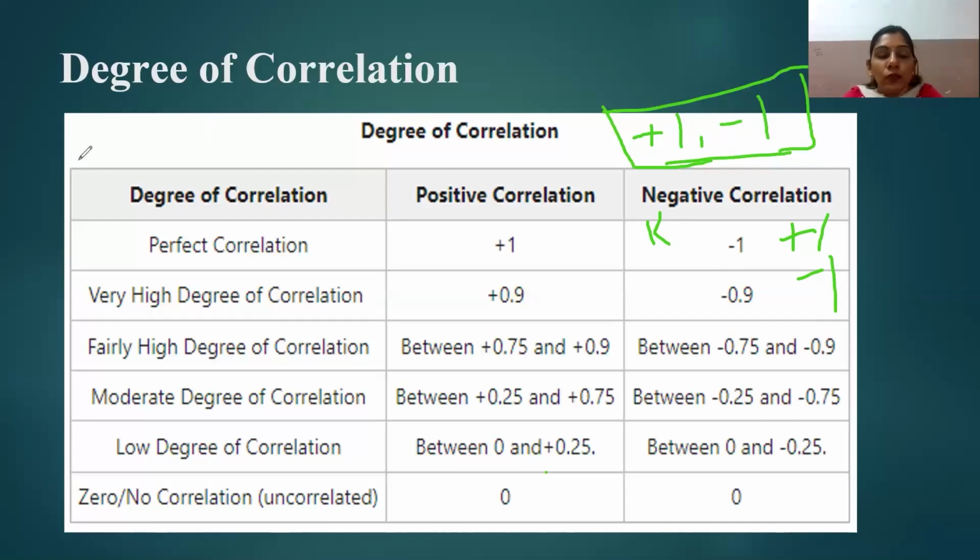When we practically do questions or apply correlation, it is very rare that the correlation comes out as -1. So that is perfect correlation, when the correlation among the variables is +1 or -1.